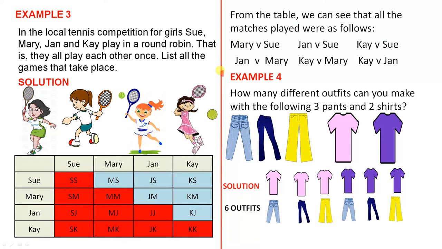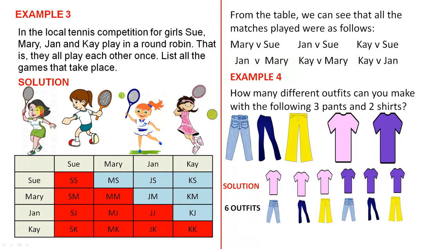Example 3. In the local tennis competition for girls, Sue, Mary, Jan and Kay play in a round robin. That is, they all play each other once. List all the games that take place.